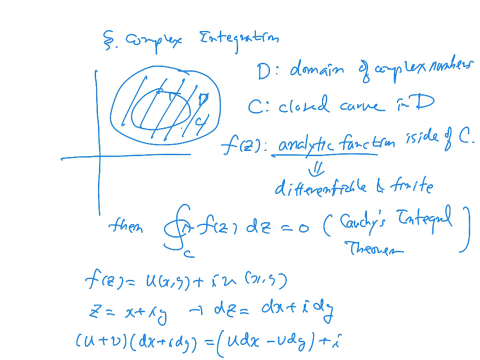Then (u plus iv)(dx plus i dy) is simply u dx minus v dy plus i times v dx plus u dy, right? So let's try to evaluate this integral and see what happens.